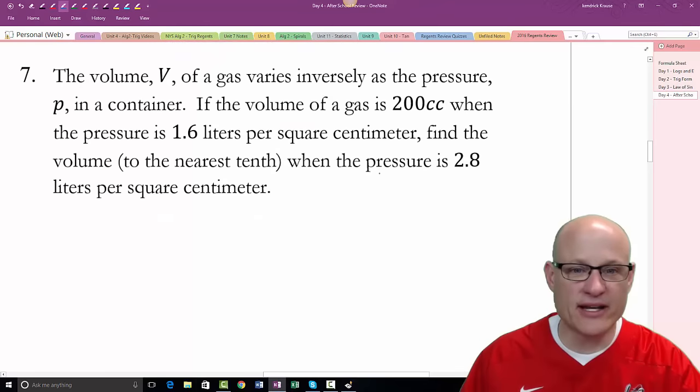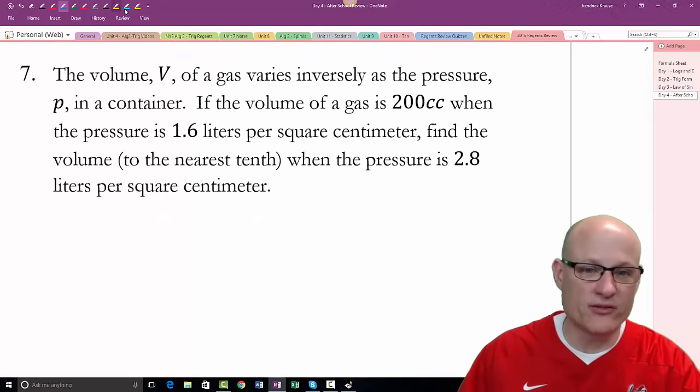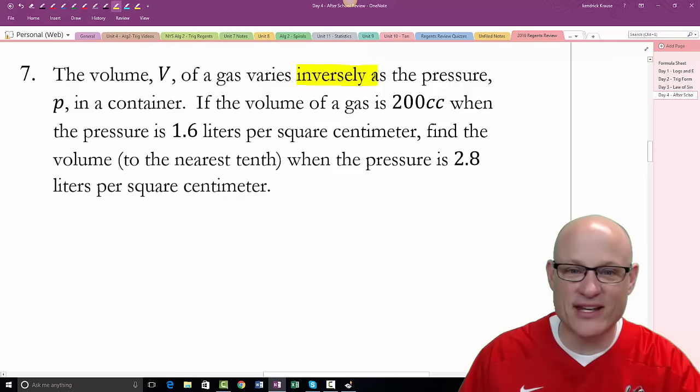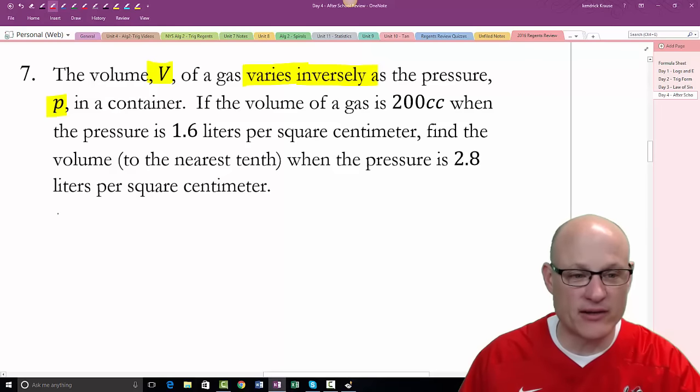All right, the volume V of a gas varies inversely. There it is again, kids, varies inversely. So we've got gas, volume, and pressure. I know it's xy equals xy, but in this case it's going to be volume times pressure equals volume times pressure.